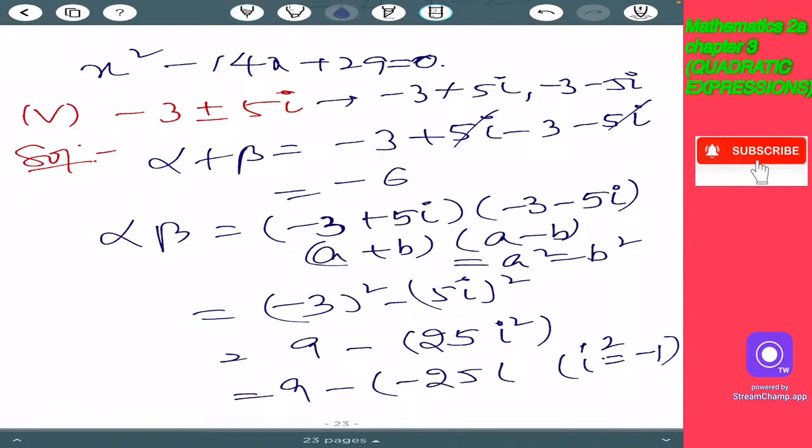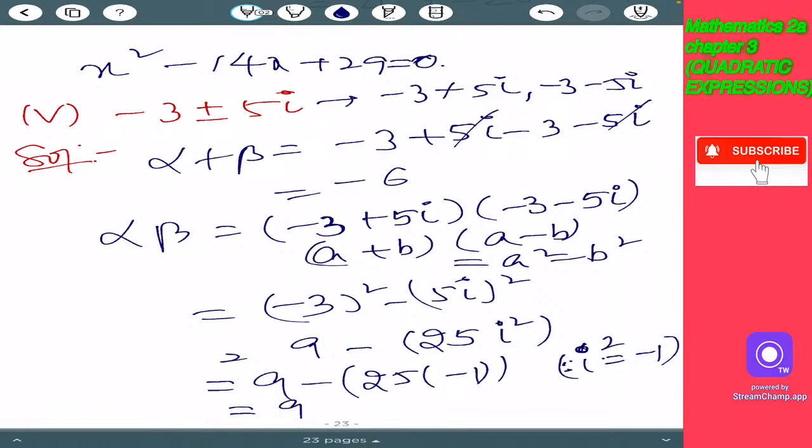How come? I need to explain this again. It is 9 minus 25 into minus 1, since the value of i square is minus 1 we can write it over here.